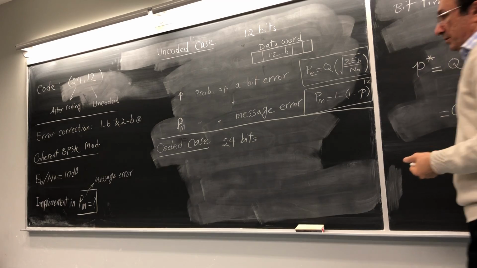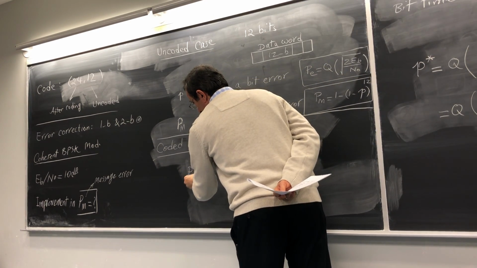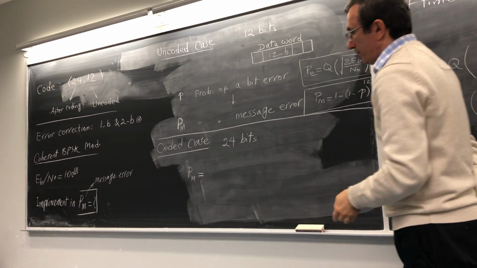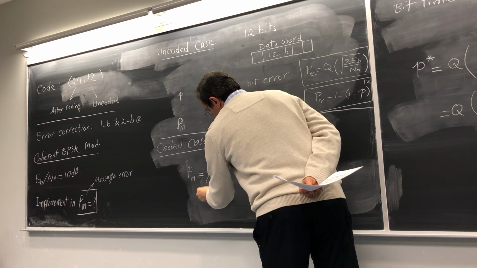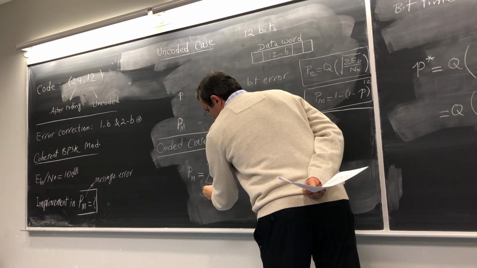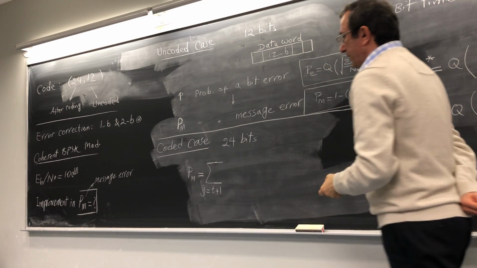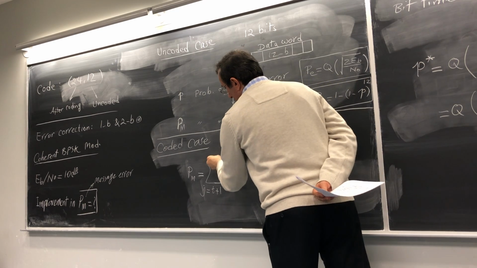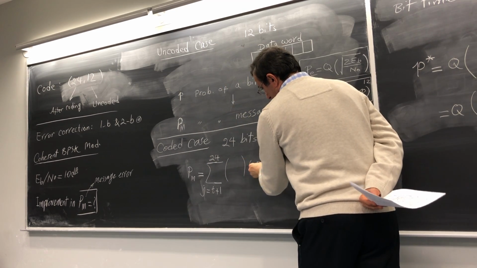So the probability of message error is now the summation of all the possible cases with above 2 bits of errors, all the way to 2 bits. This relationship.